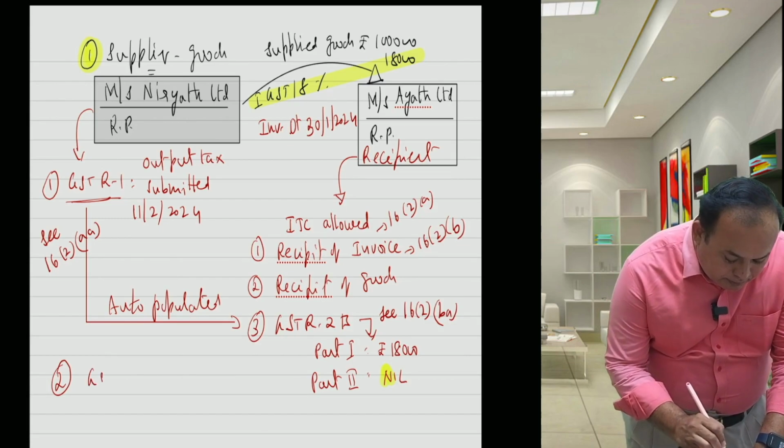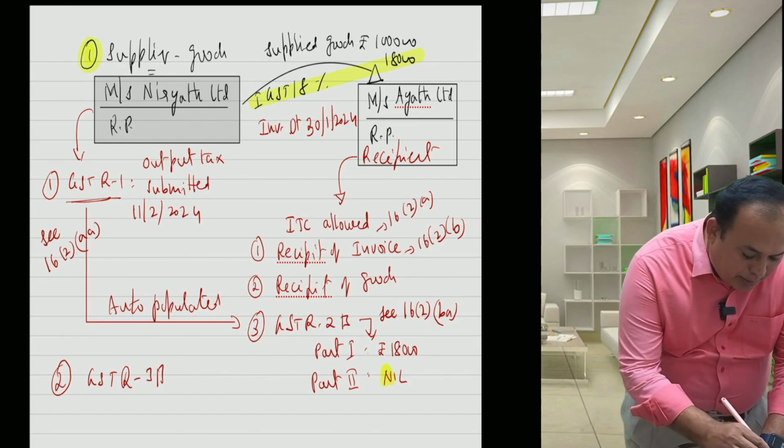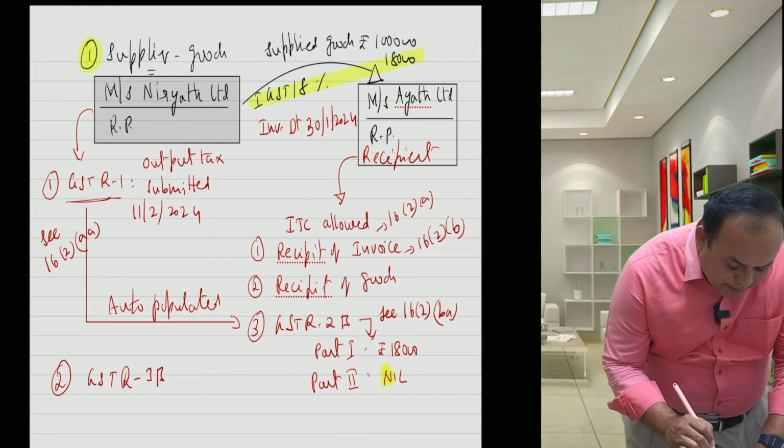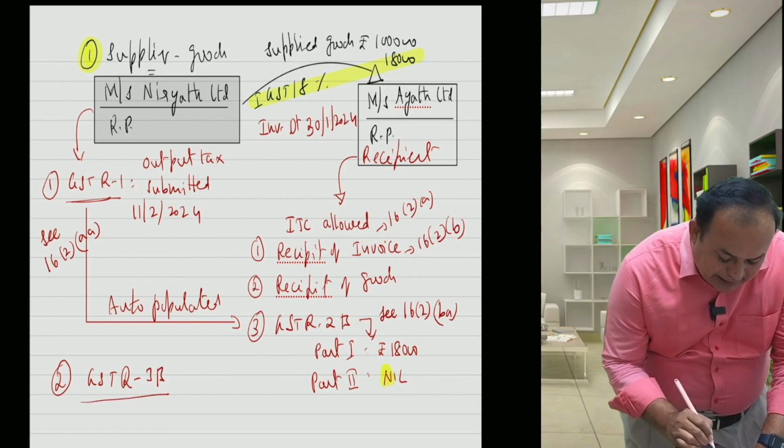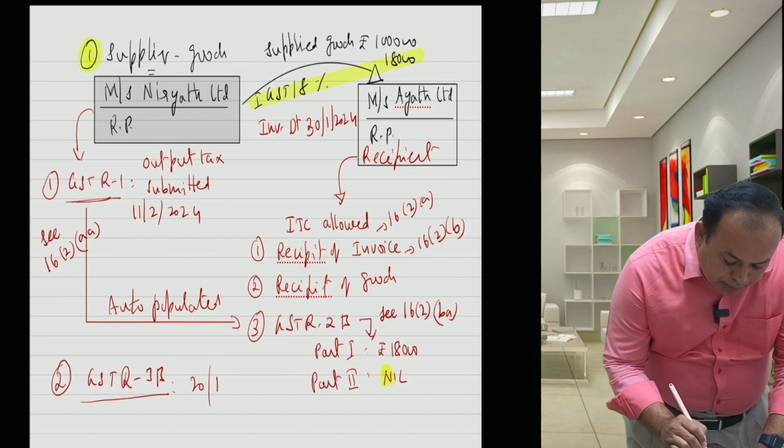GSTR-3B. What is the liability? For example, he has only this liability, nothing else. When filing GSTR-3B, the due date is 20th February 2024.